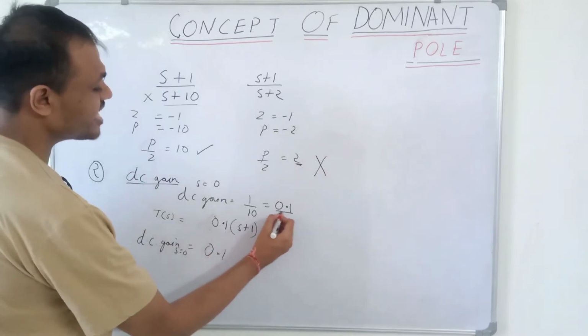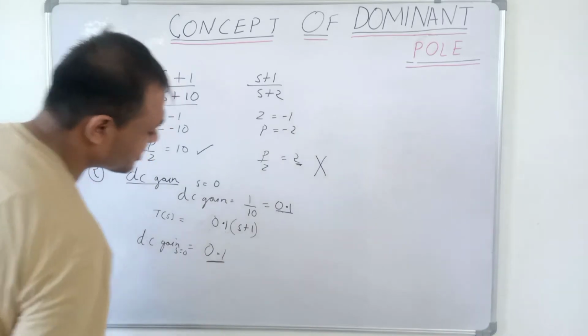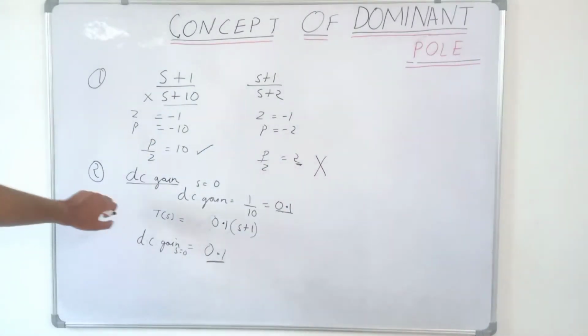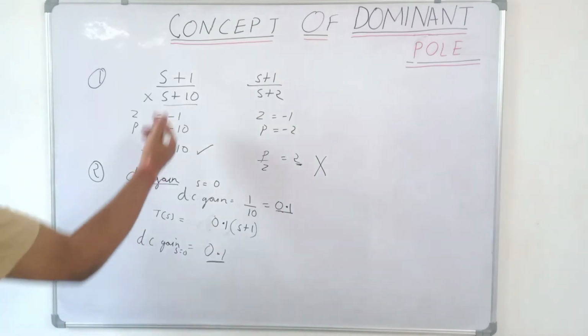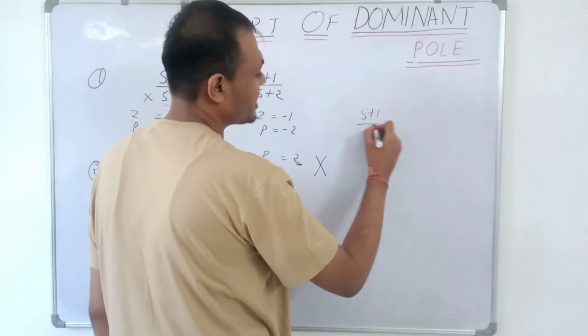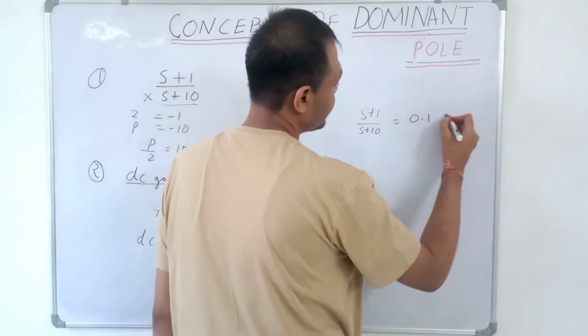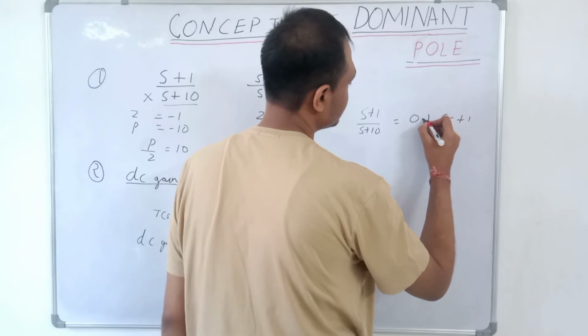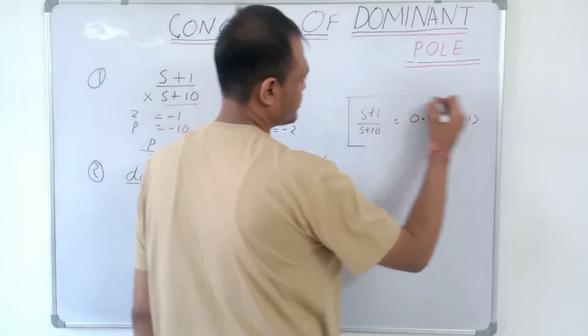So the DC gain previously was 0.1 and now it is also 0.1. So this is how we apply the dominant pole concept, that we can approximate (s plus 1) upon (s plus 10) to be equal to 0.1 into (s plus 1). So this is how we apply the dominant pole concept.